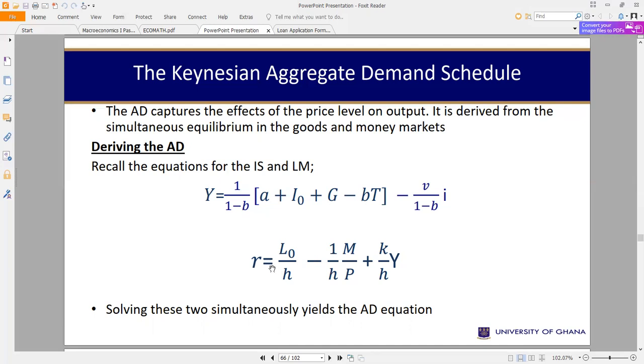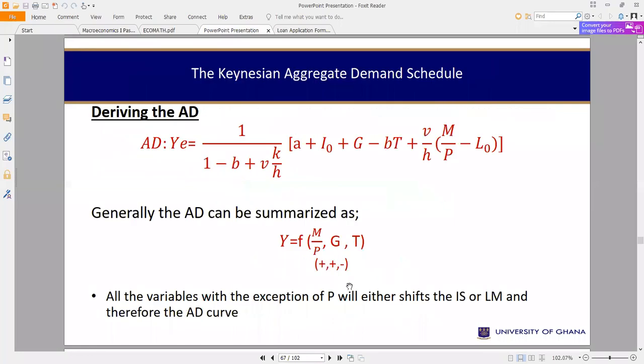Now if you put this here, you realize that Y will depend on P. So that relationship between Y and P is what we are going to use to derive the aggregate demand. Initially, we didn't talk about that because price was constant. Price wasn't changing at all, so we couldn't get any relationship between income Y and the price P. But now that price is changing, how do we actually do that?